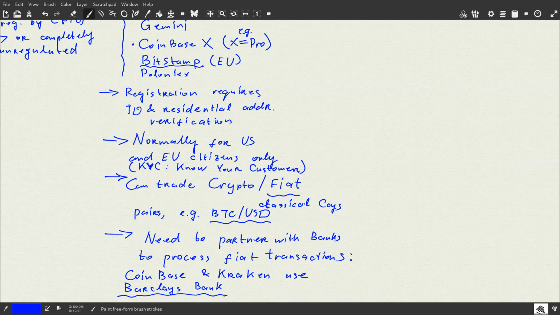So Barclays Bank entered a partnership with those regulated exchanges, and Barclays Bank allows those exchanges to, first of all, hold customer accounts associated with real currencies, and then make transactions when a customer, for example, puts USD on the account, or when the customer, for example, traded BTC for USD, then the resulting USDs are released into the corresponding account, and eventually the client gets paid in USD.